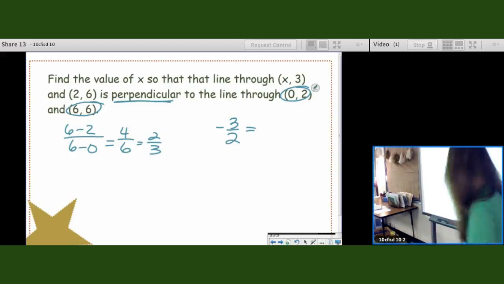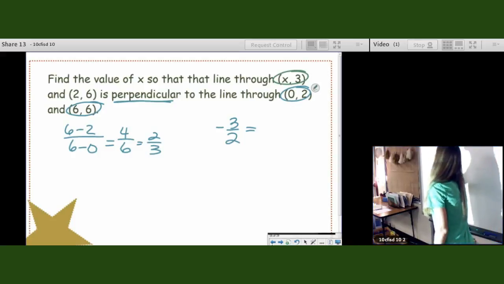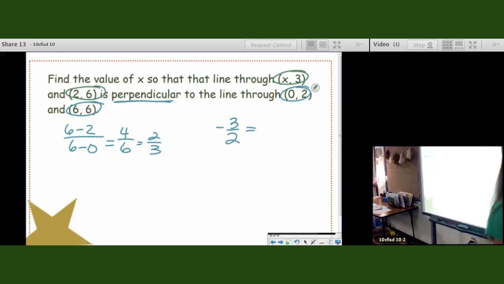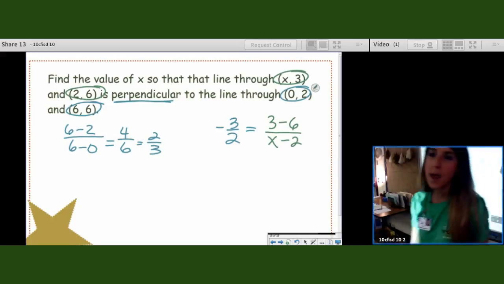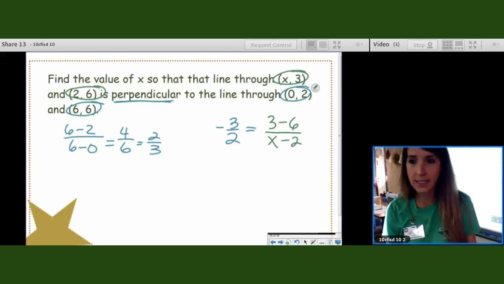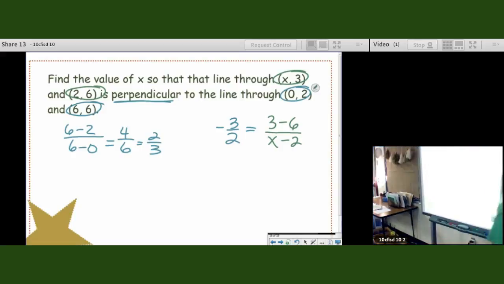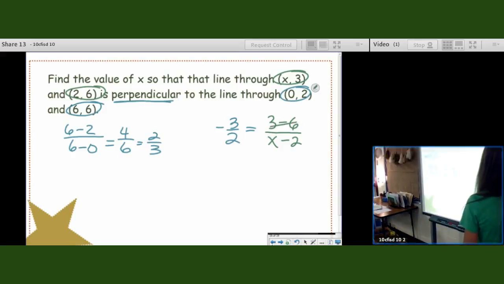So now I have to write the slope formula with these two coordinates. So I will do 3 minus 6 over x minus 2. Y minus y divided by x minus x. Let's see. 3 minus 6 is -3.